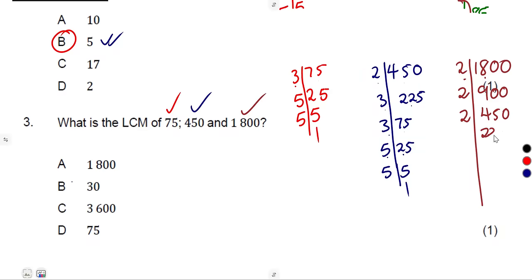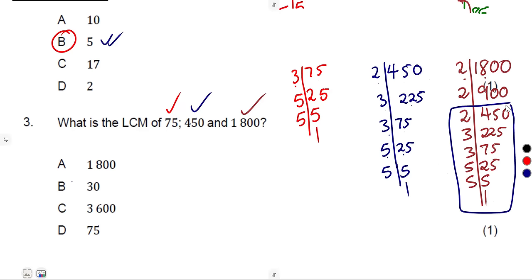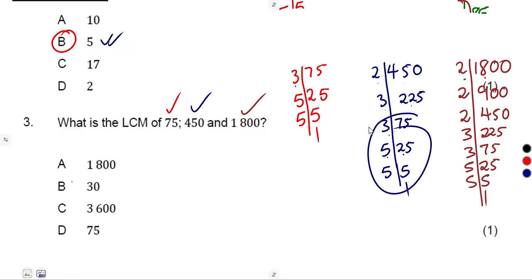That was 225. A 3, which is 75. Then a 3, which is 25. A 5 here, which is 5. A 5, that's a 1. So from this part, it is a repetition of the part we had before. Even here for the 75, I did not notice it, but it was just a repetition.